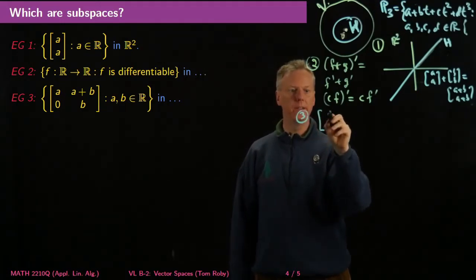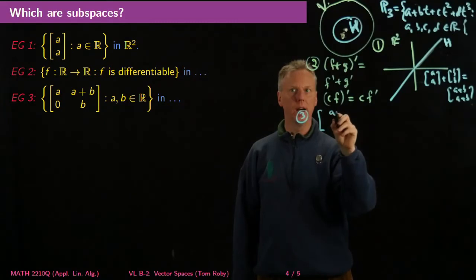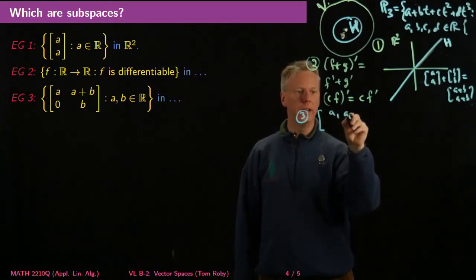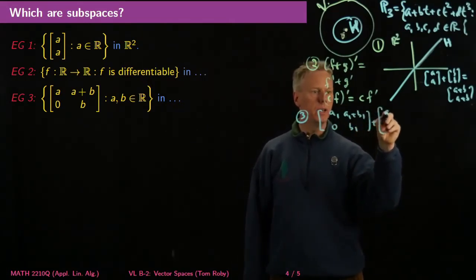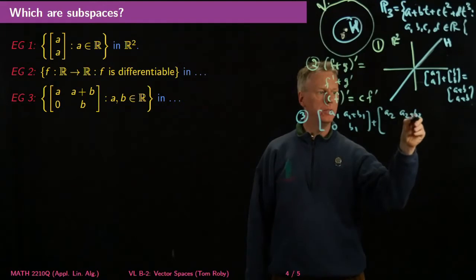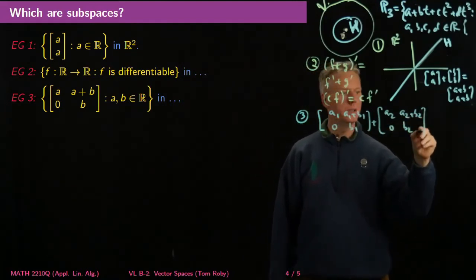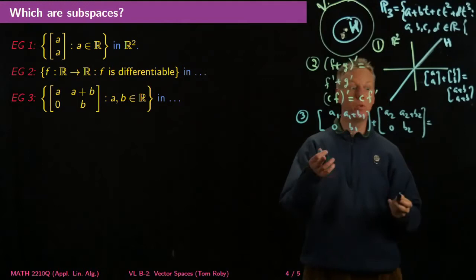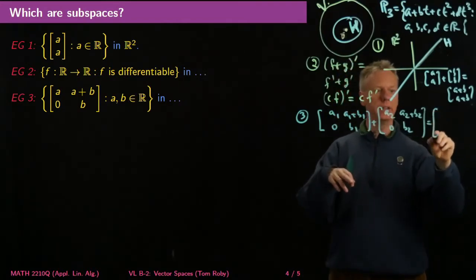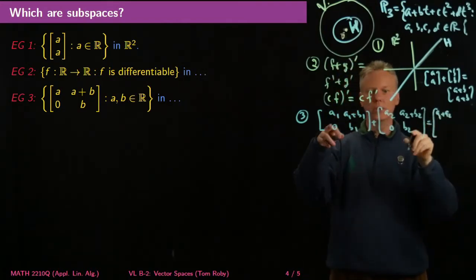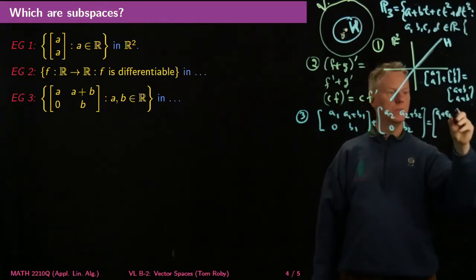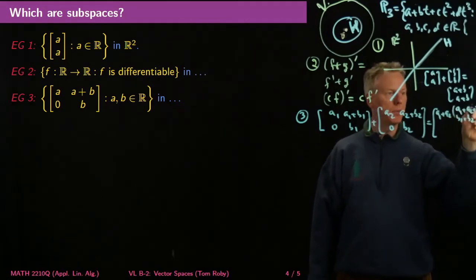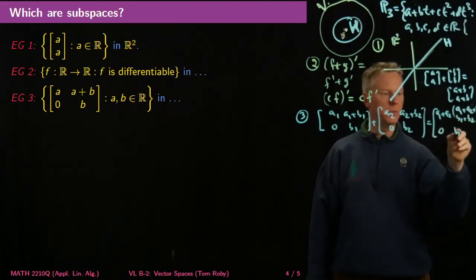Well, I'll call this a1 plus b1, 0, b1, and I add it to a2 plus b2, 0, b2. Then do I get something that's of the right form? Well, it looks like I'll get a1 plus a2, and then here I'll get a1 plus a2 plus b1 plus b2. Sorry, I didn't quite have room for that there. Then I have 0, and then I'll have b1 plus b2.